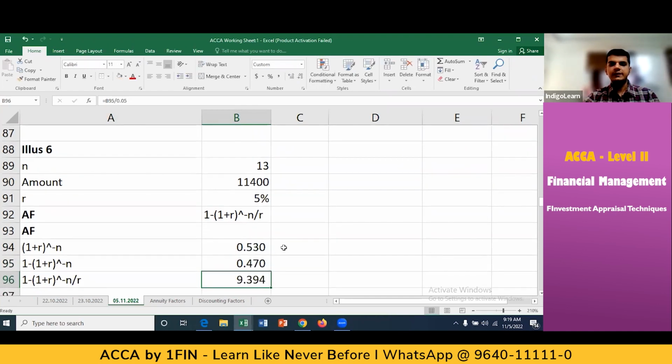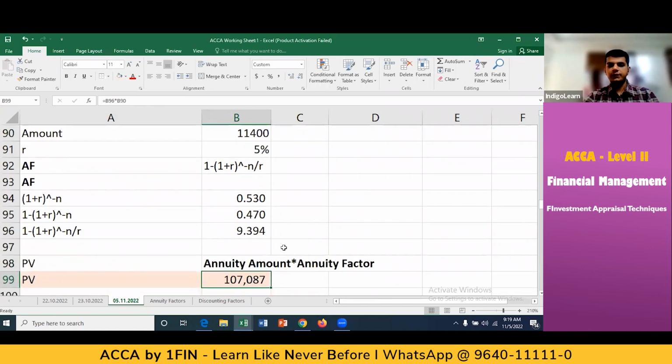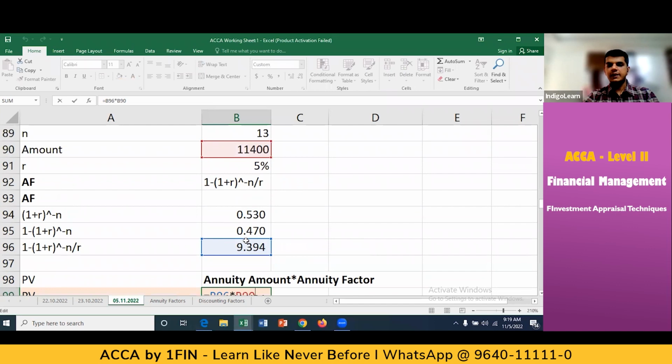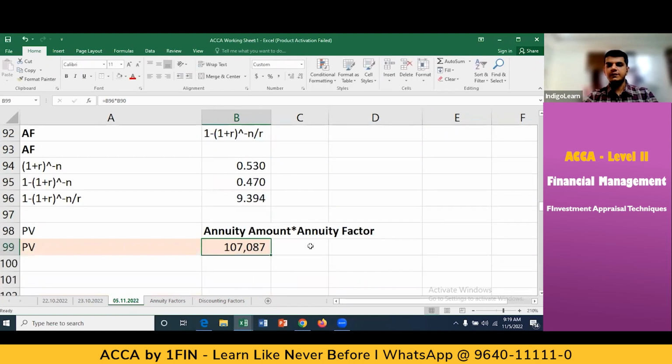And at the end, the final formula, divided by r, we get the annuity factor 9.394. So to calculate the present value, the annuity factor 9.394 into the annual cash flow, $11,400. So in total it is coming 107,087, as you have calculated.